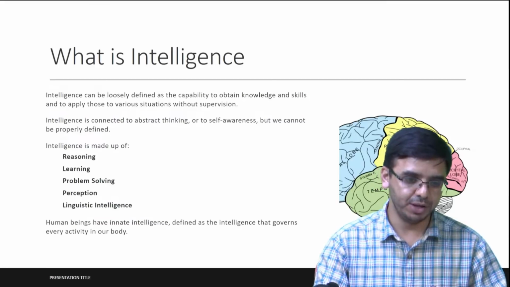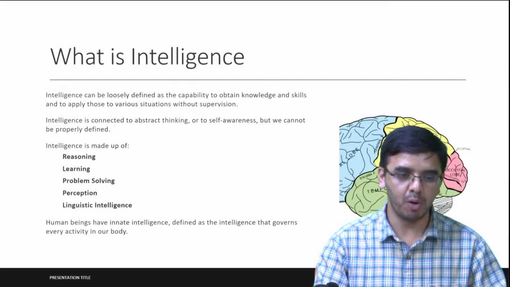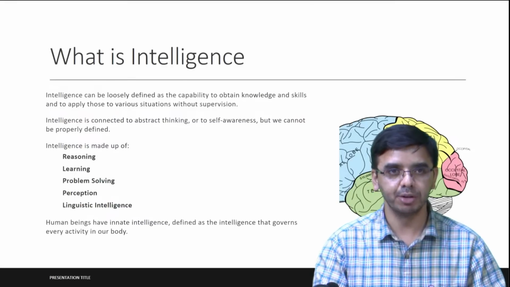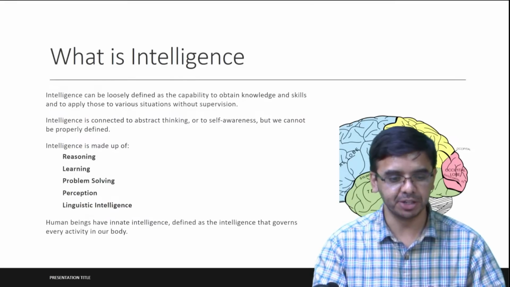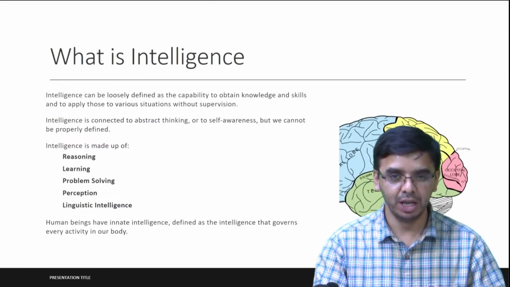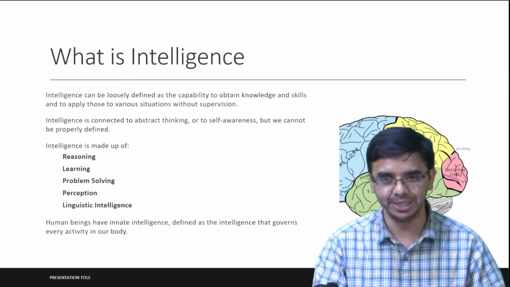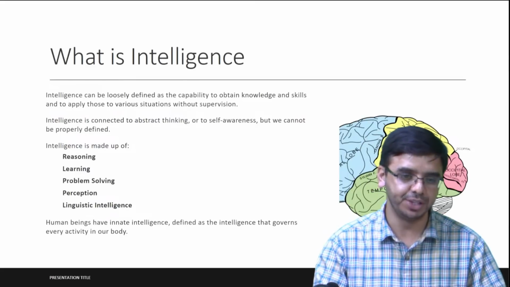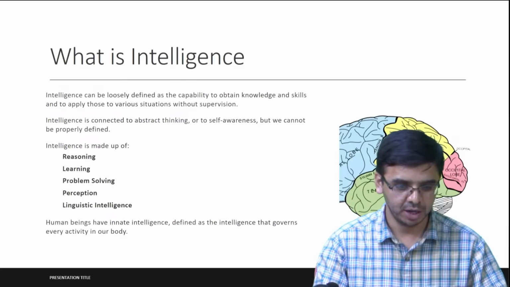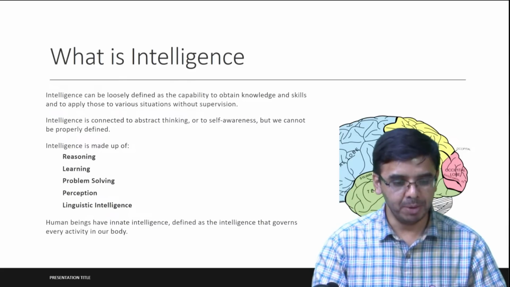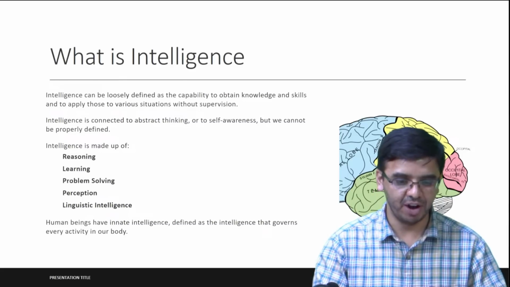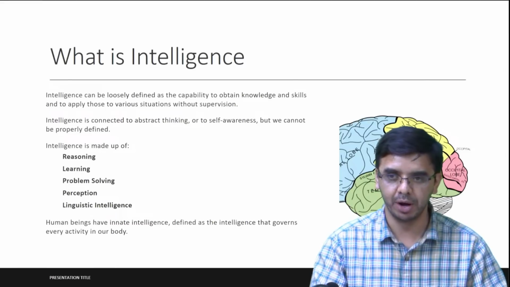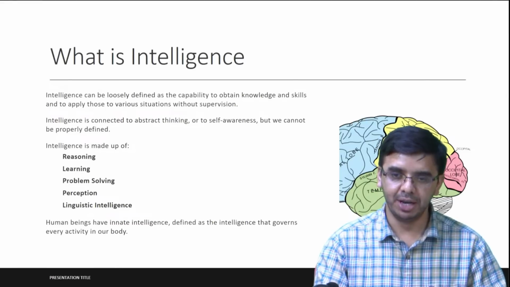If intelligence is made up of reasoning, learning, problem solving skills, making perceptions, and linguistic intelligence, then if a person or machine contains these attributes, we say that the person or machine is intelligent. Human beings have innate intelligence, defined as the intelligence that governs every activity in our body. So as humans we have natural intelligence.